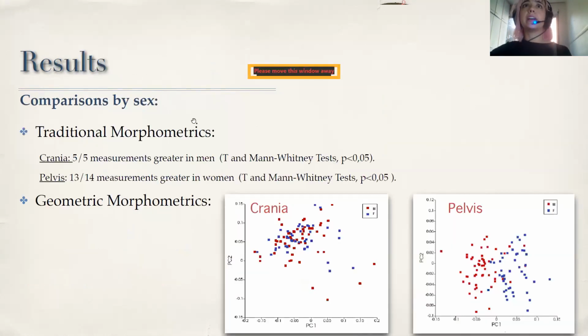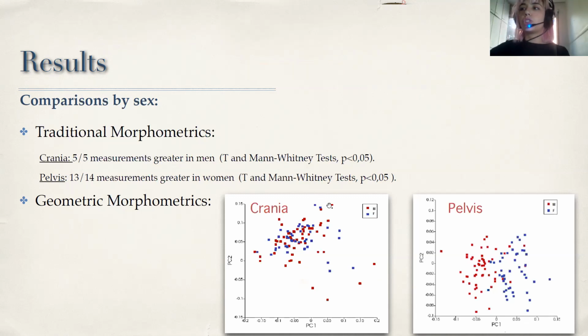So, okay, the first result I would like to show you is this comparison of pelvic and cranial shape between the sexes obtained both by geometric and traditional morphometrics. The interesting thing is that for crania, for example, we found all the measurements taken by traditional morphometrics significantly greater in men.